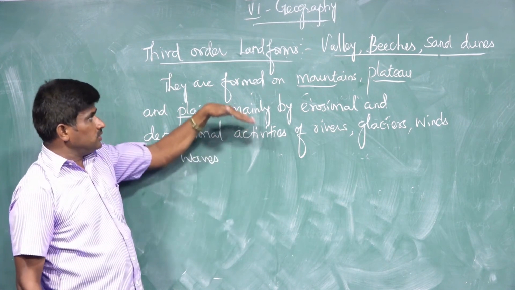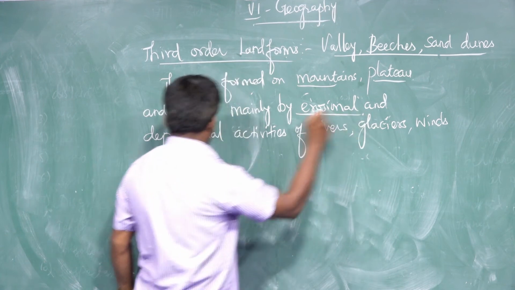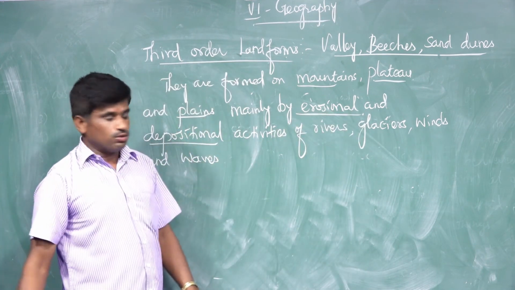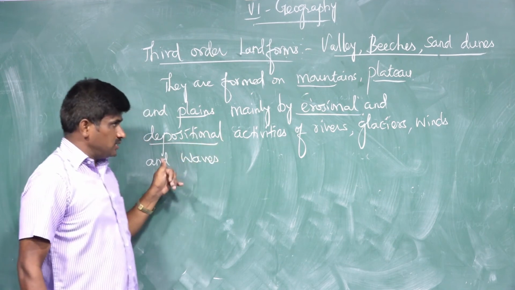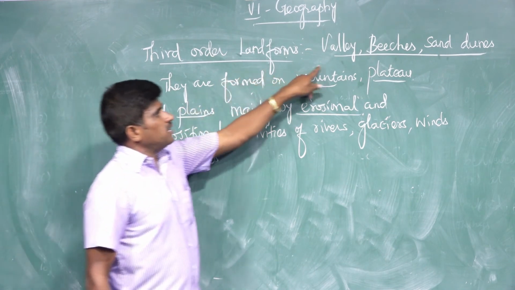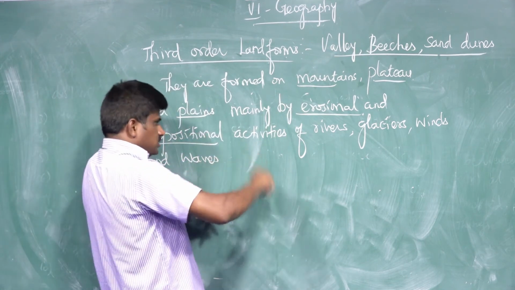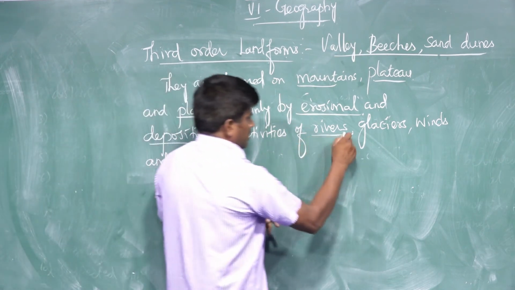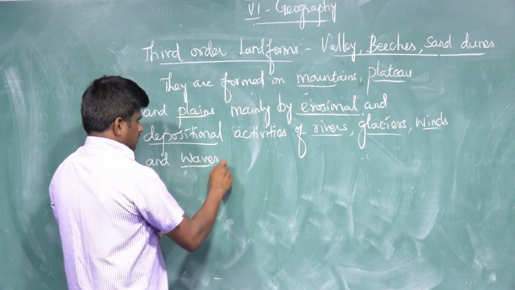How are these landforms formed? Mainly by erosional and depositional activities. Because of that, these valleys, beaches and sand dunes are formed. These are the activities of rivers, glaciers, winds and waves.